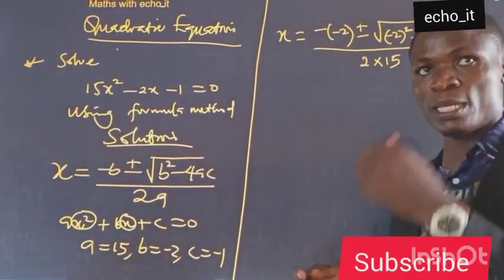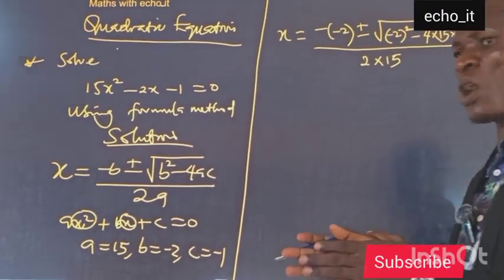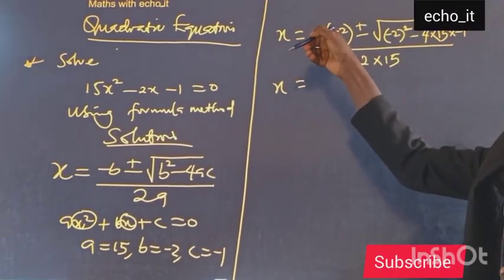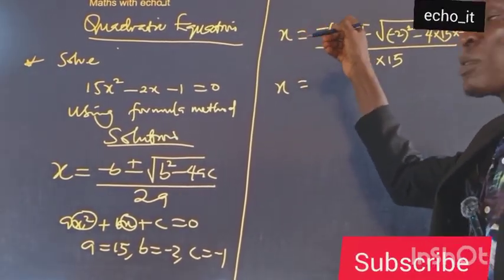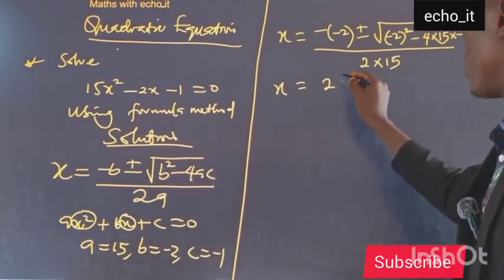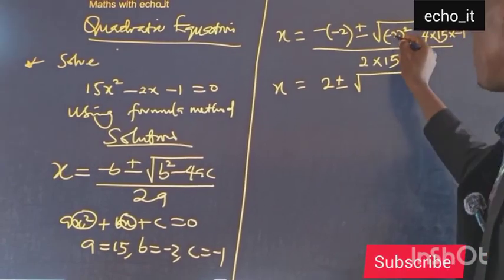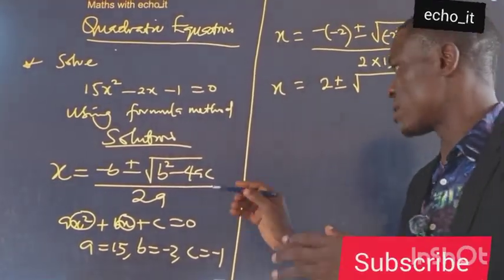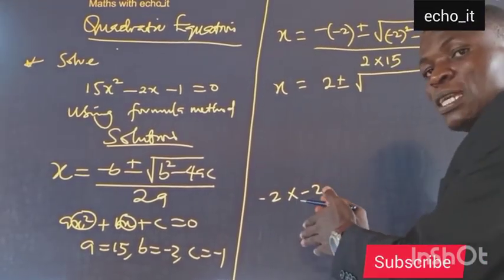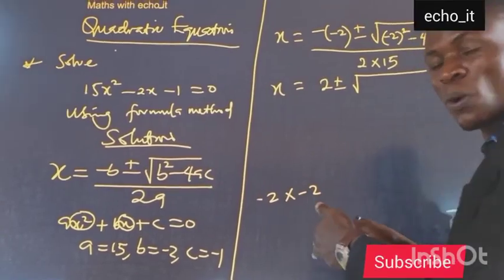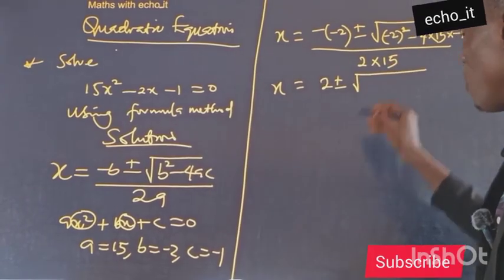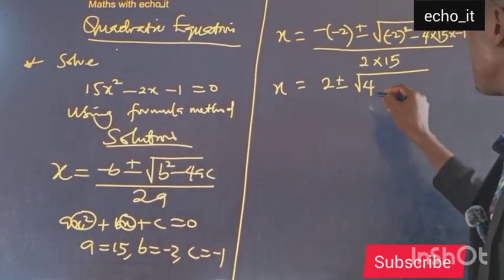So we can simply do this. You have your calculator, of course, you can use it, but here is something you can do on your own. Note this minus here: minus times minus is plus, so the minus is gone. We have plus or minus the square root of minus 2 squared, that is minus 2 times minus 2, because minus times minus is plus, and 2 times 2 is 4.